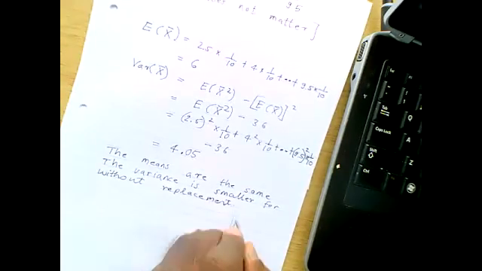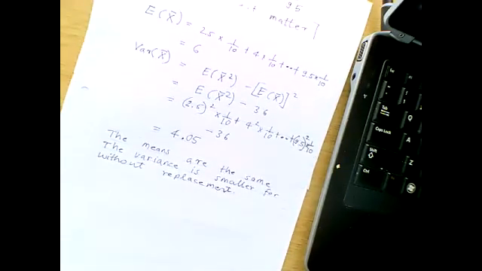The variance is smaller when you have without replacement, right? Because the variance is 4.05, which is smaller than 5.4, which was the variance when we did it with replacement, right?